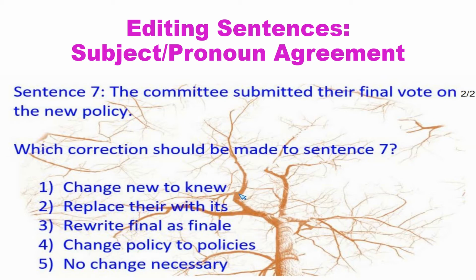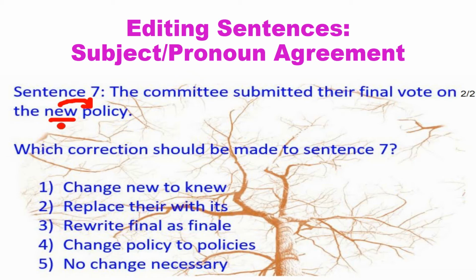So when we look at option number 1, we have change new to knew. When we come here to our sentence, we have new policy. In this case, the word new is acting as an adjective because it is describing policy. What type of policy? The new policy. So it's introducing this policy.